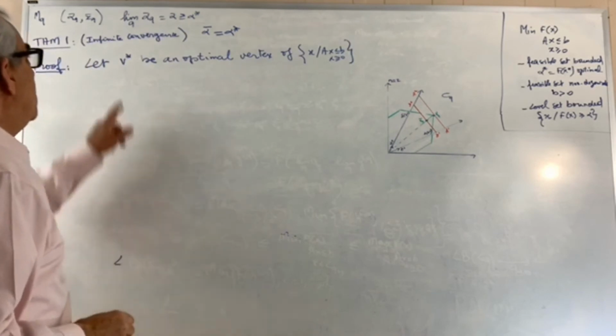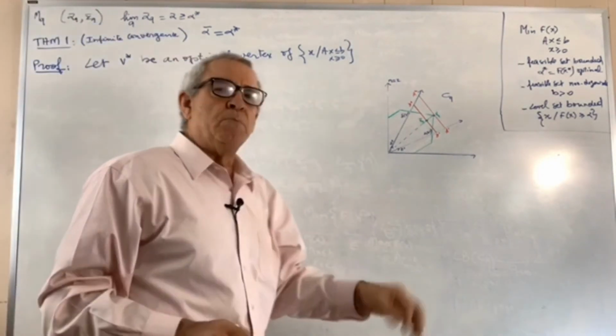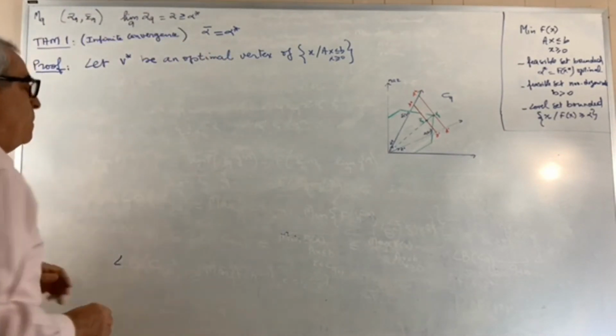We know it exists by concavity; we can find an optimal solution at a vertex.